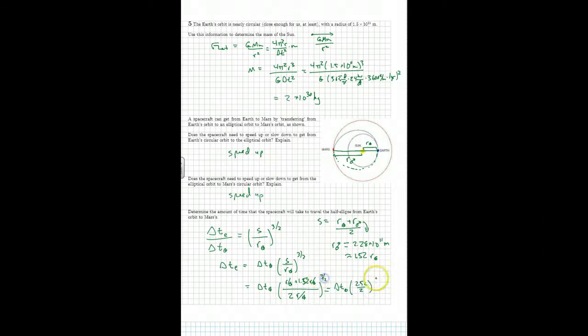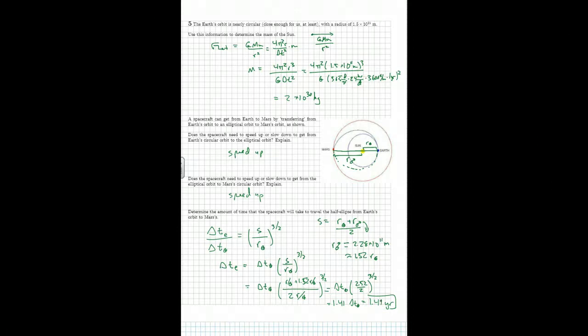Oops, we lost our 3 halves. So 2.52 over 2 is 1.26. So the 3 halves power is 1.41 times Δt of the Earth, which is 1.41 Earth years.